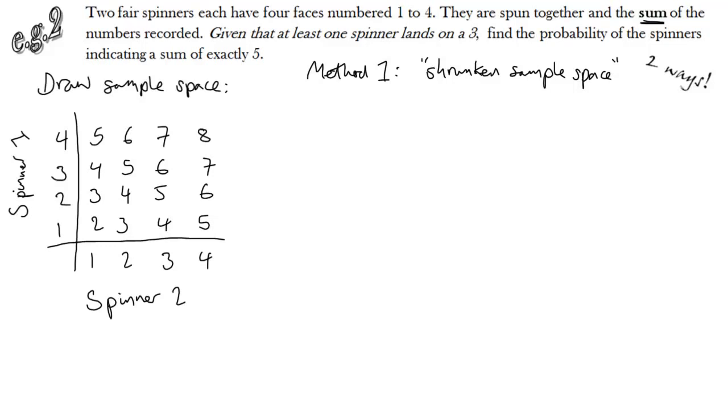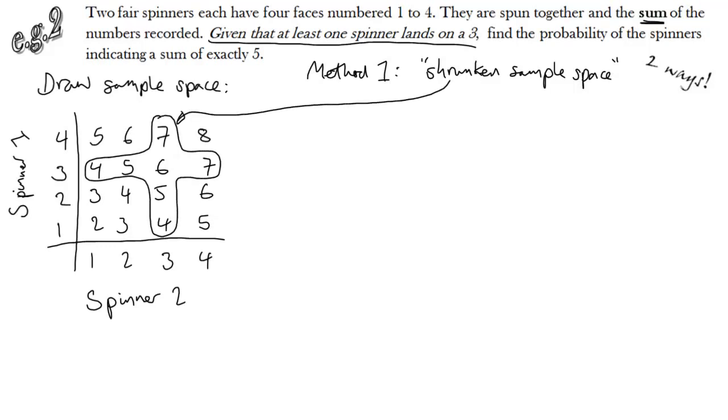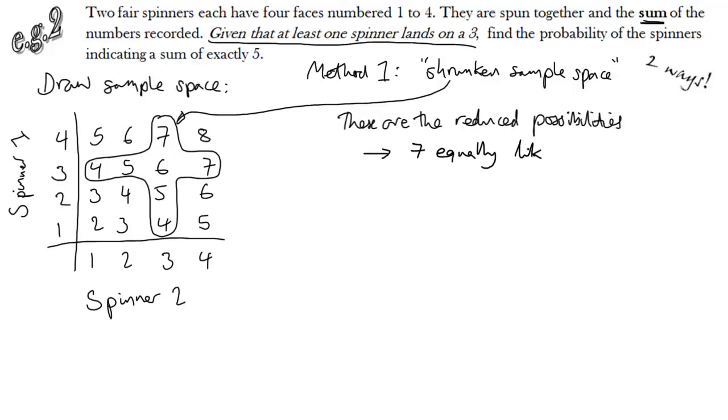Now method 1 for doing this is called a shrunken sample space. Okay, and that's because given that at least one spinner lands on a 3, well, we're told that one spinner has landed on a 3, so we're not picking from these 16 anymore, we're picking from these 7 outcomes that I've circled. Okay, they're the only ones where they include at least 1 3. So these reduced possibilities, reduced number of outcomes, that's my shrunken sample space. So we're now picking out of 7, not 16.